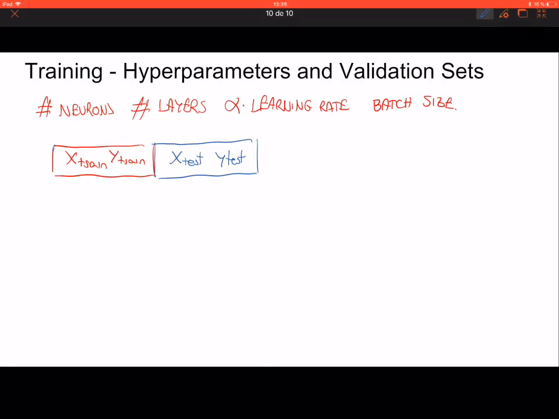You first start with a particular configuration, say, I don't know, 10 neurons, 3 layers, alpha equal to maybe 0.01, and the batch size is 32, just as an example. And then you evaluate that on your test set.